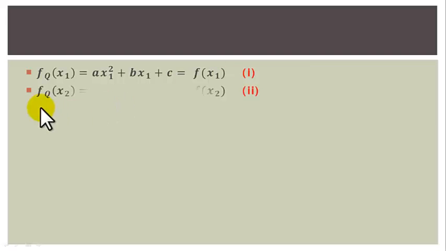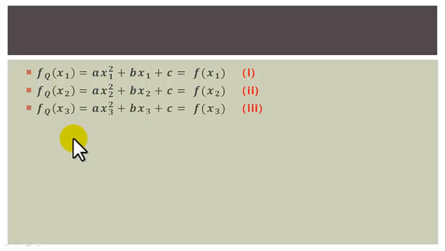At the second point, x2, fq of x2 is equal to ax2 squared plus bx2 plus c, and this is equal to f of x2. Let's number this as equation 2. Then at the third point, x3, fq of x3 is equal to ax3 squared plus bx3 plus c, equal to f of x3, and we number this as equation 3.